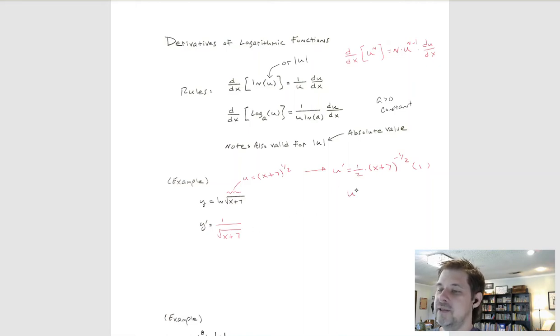But let me simplify that a little bit. Let's put this down here with the 2. We'll put it under the bar and make this exponent positive. So a positive 1/2 under the bar, and then the exponent of 1/2 is a square root. Okay, so look at this.